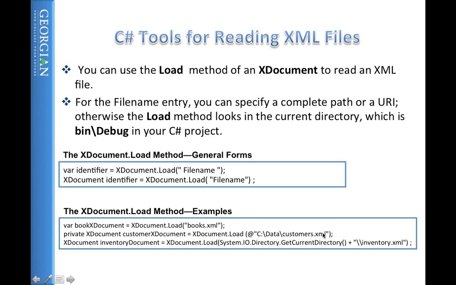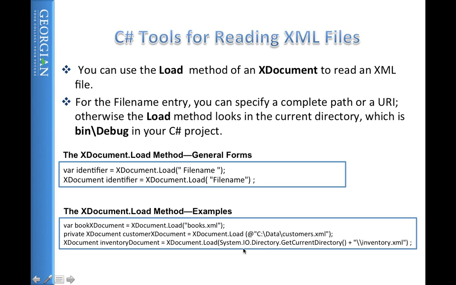Once you've loaded the document, you can use different kinds of patterns for how you get the source for your document itself. This one here just uses a string. This uses a raw string where you can actually put absolute path information.